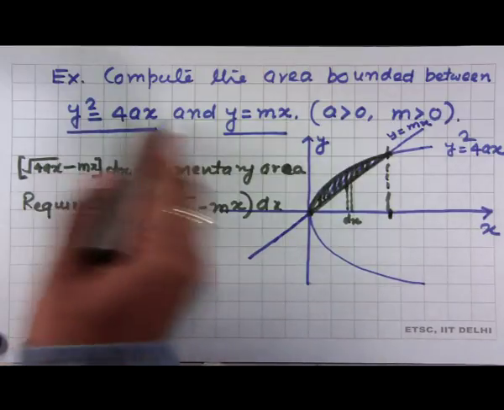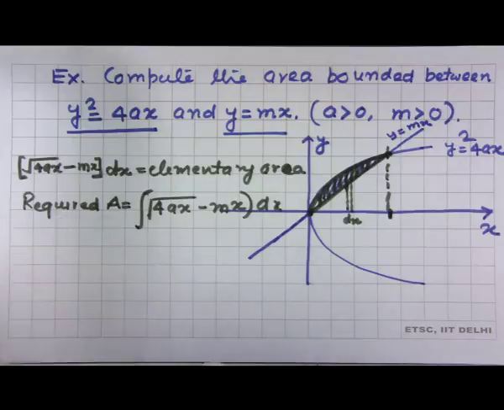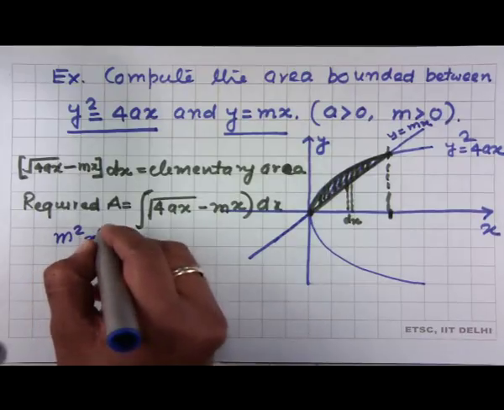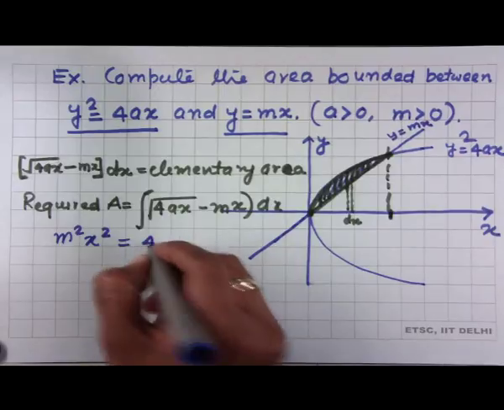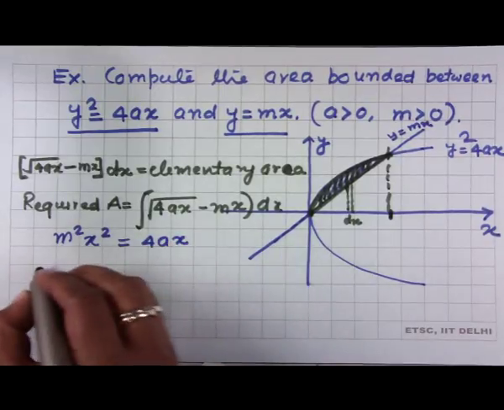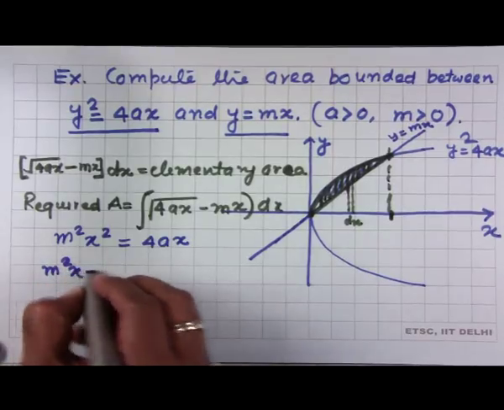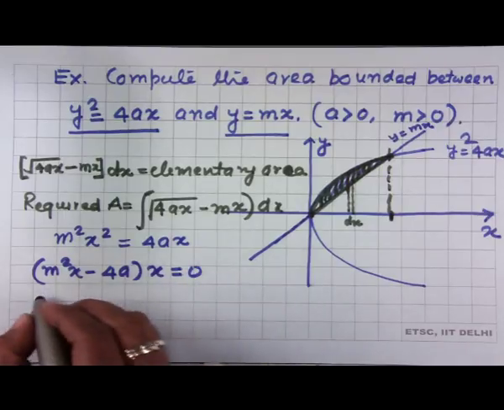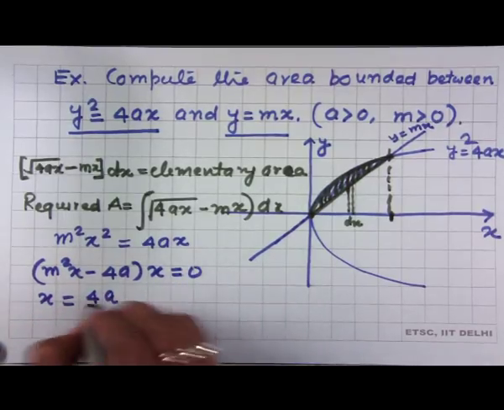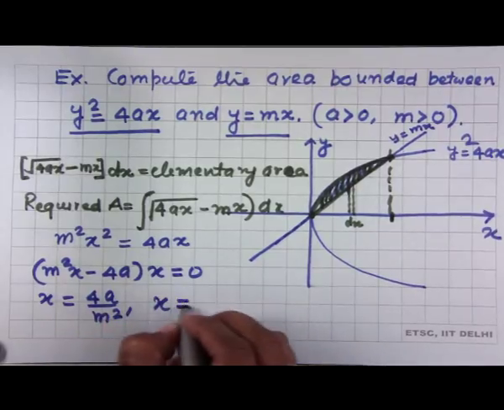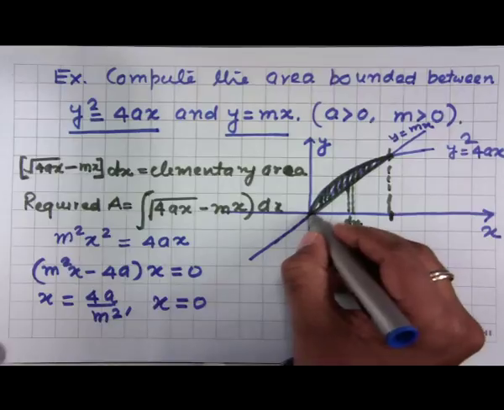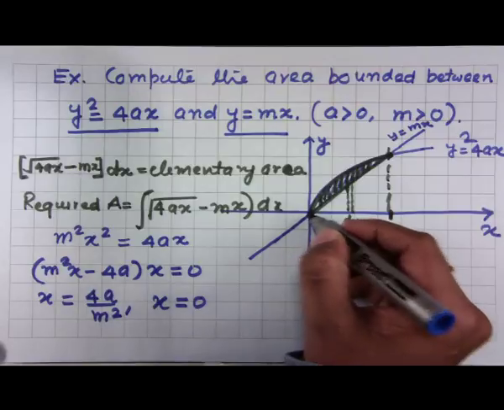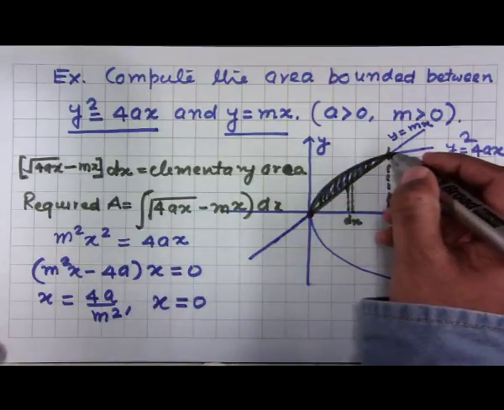If you put y equals mx here, you get m square x square equals 4ax. So, m square x minus 4a into x is 0. So, x is 4a by m square, or x is 0. So, x equals 0 gives you one point of intersection, that is the origin, and x equals 4a by m square gives you another point of intersection.